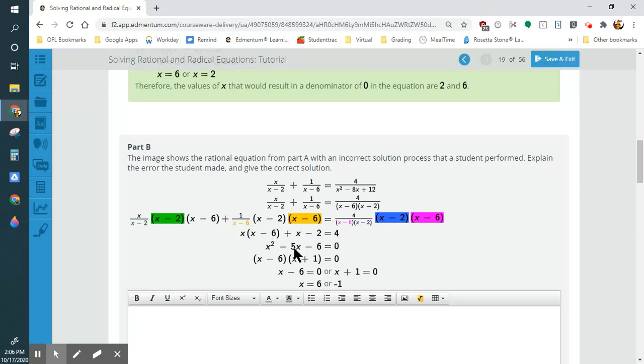That makes sense. Negative 4, that makes sense. Negative 6, negative 1, that makes sense. We're doing this right here. It should be plus 6 and negative 1.